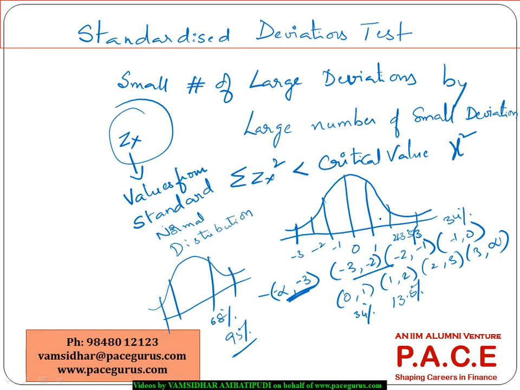So overall we can check if there are many values coming up here, because as per the normal distribution we should not find any kind of values here, right? So either here or here you find a large number of values, or probably between this we are not finding a good set of values.